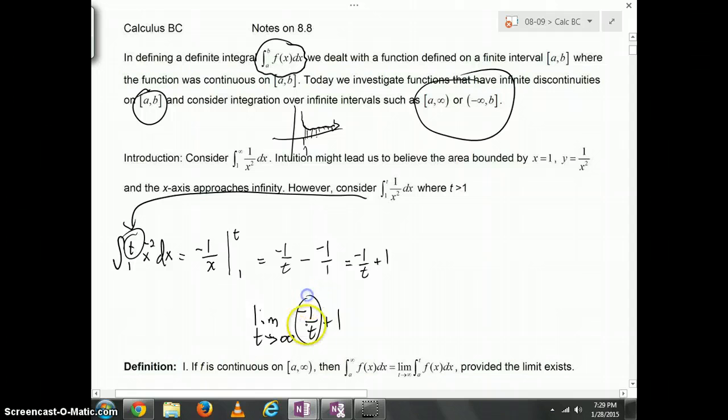Well, we'd know that negative 1 over infinity would be going to 0, and 0 plus 1 would equal 1 itself. So this is a great indication that integrating on an infinite interval very well might arrive at a finite real number. And we're seeing that right here.